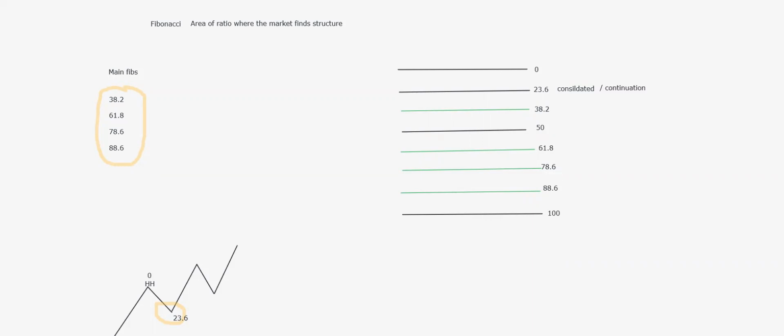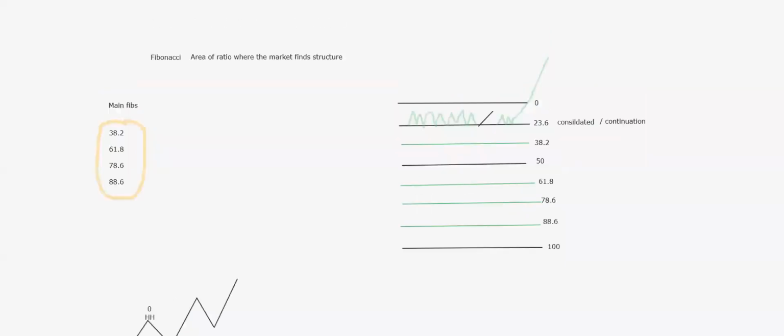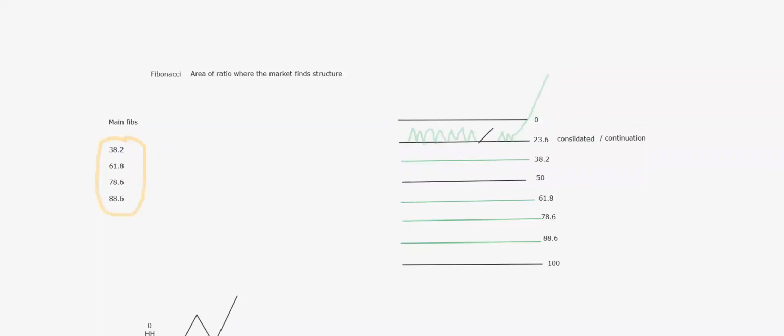You might see price doing this, just consolidating, or we might see continuation. All right. 23.6, consolidation or continuation.